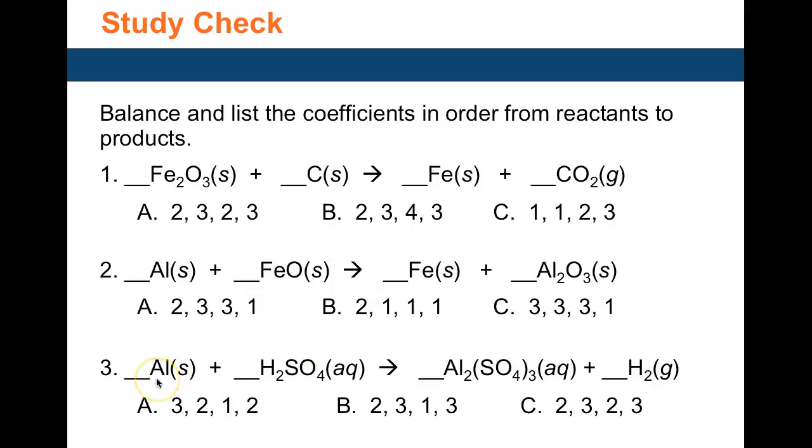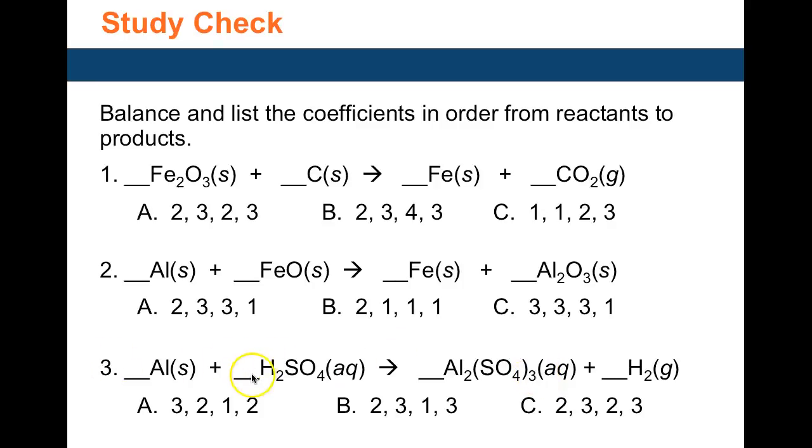Coming to this equation, again, you need a 2 Al here to balance the Als, and then you have 3 of those sulfates, so you need 3 here. All right, so that would give you 3 sulfates.